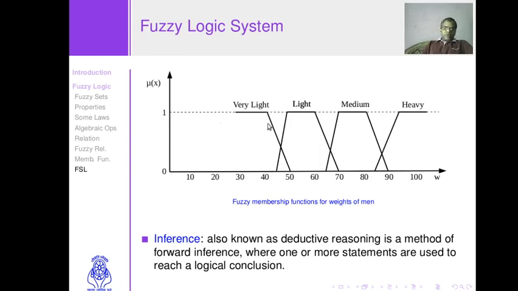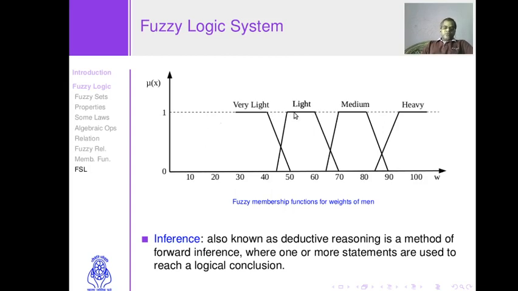Up to around 42 or 43, the degree of membership we decided to be 1, so we can say definitely that man is very lightweight. But as it approaches 50 kg, we decrease the degree of membership, and at 50 it becomes 0, because at 50 we say that that particular man is not very light, he is lightweight.